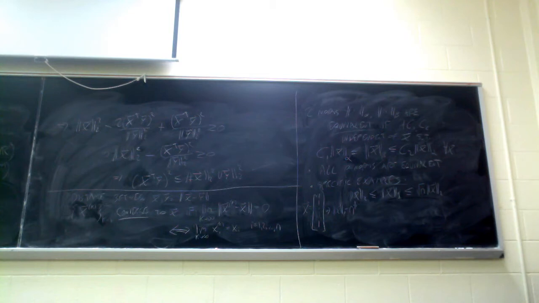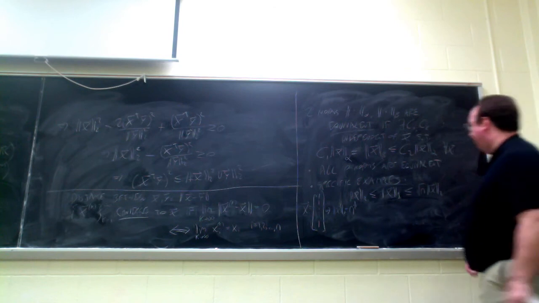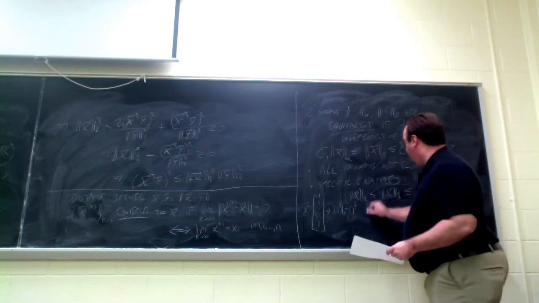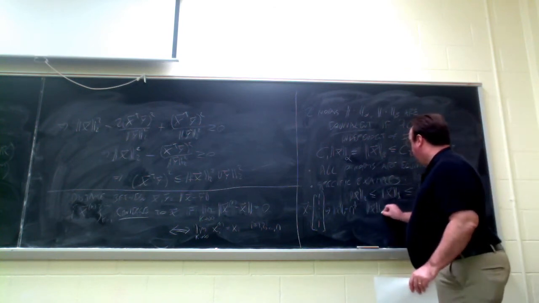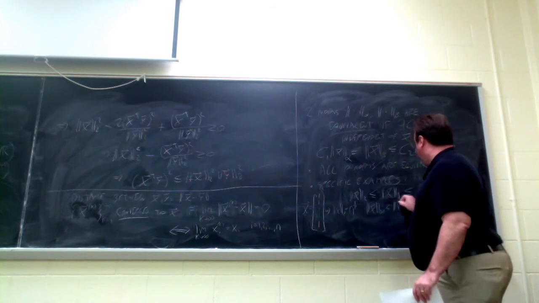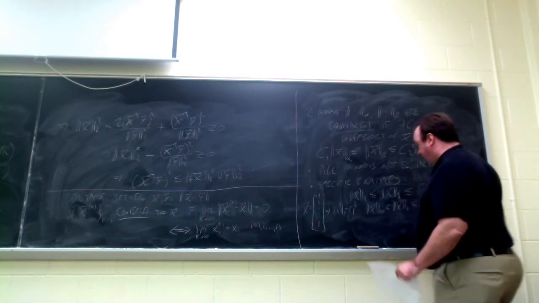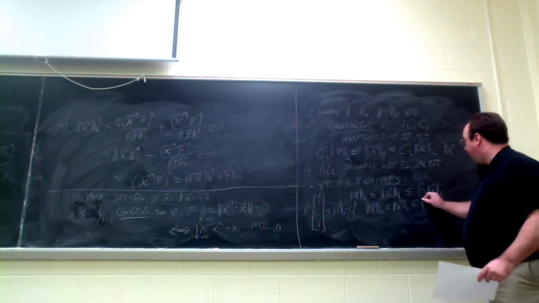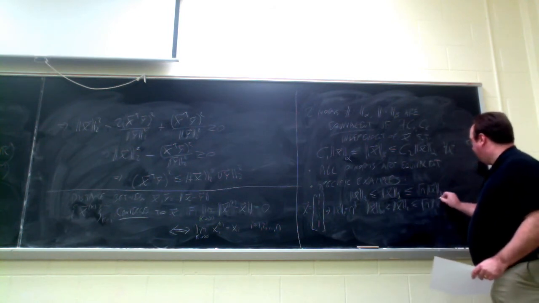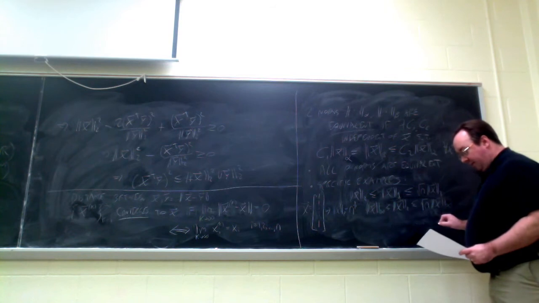A second example relates the 2 norm to the infinity norm. The infinity norm is less than or equal to the 2 norm, which is less than or equal to the square root of n times the infinity norm.